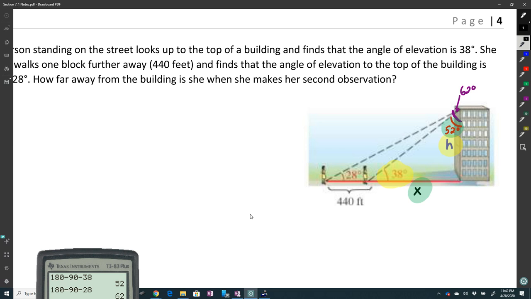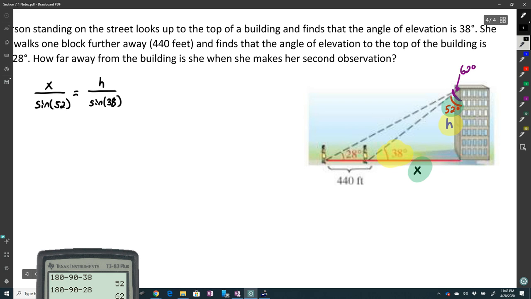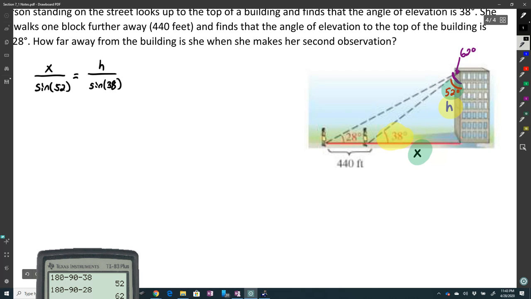So I have X over sine of 52 is equal to H over sine of 38. Okay. Now let's do the other one.